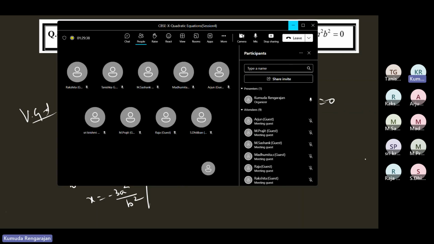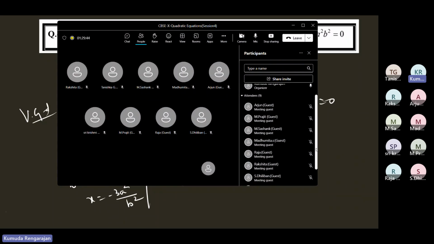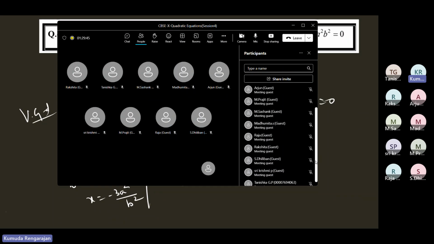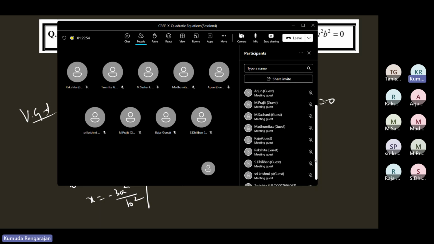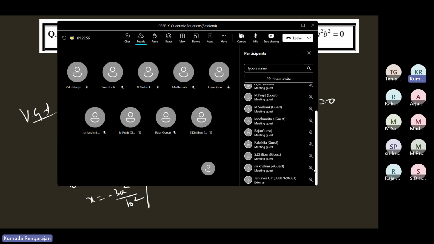I'm sure Shashank knows it. Madhumita also knows it. I'm very confident about that. Though I did not ask Shashank, Shashank knows it. Madhumita knows it. Rakshita also knows it. Krishmi is not able to participate because of a mic issue, so I don't know. Tanishka also I called out, did not answer. I'm very, very disappointed with Raja.